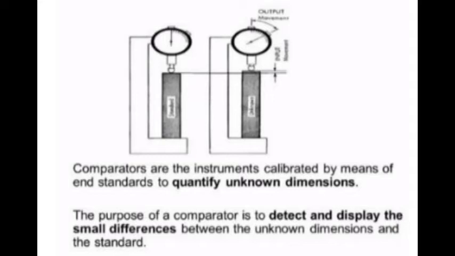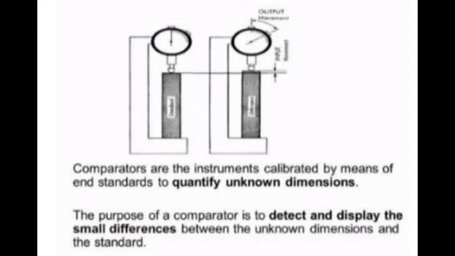These comparators are instruments calibrated by means of standards, for example slip gauges, to quantify unknown dimensions. The purpose of the comparator is to detect and display the small differences between the unknown dimensions and the standard dimensions. The difference in dimensions is detected as a displacement of a sensing probe, for example the movement of the contact probe in the dial indicator.